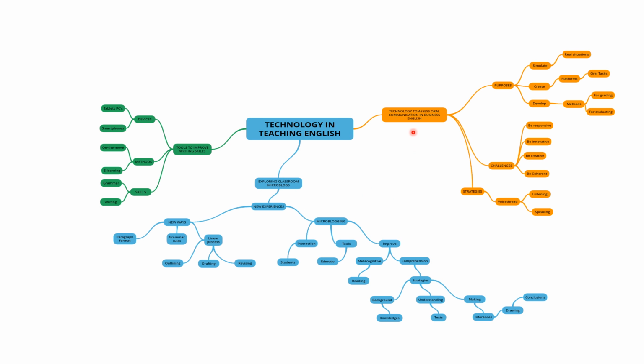As the last point, we are going to talk about technology to assess oral communication in business English. This is very important because business needs a lot of people who talk and defend the use of English. Therefore, we are going to use some important facts for improving the English language, for example strategies. For example, we can use VoiceThread and we can improve some skills, like listening and speaking.